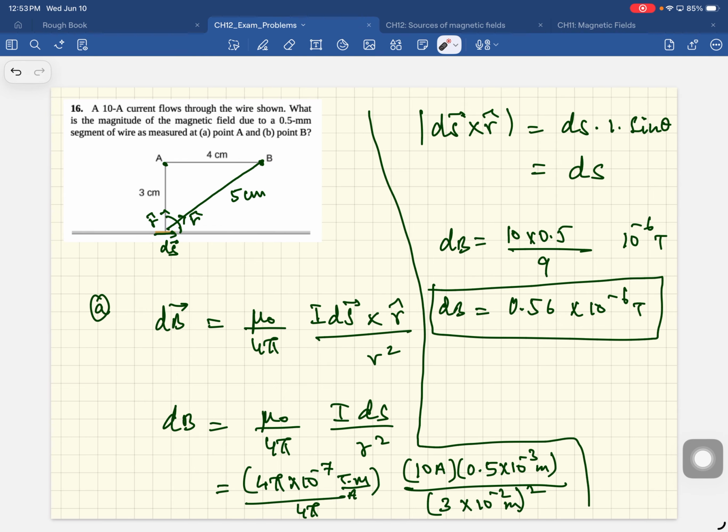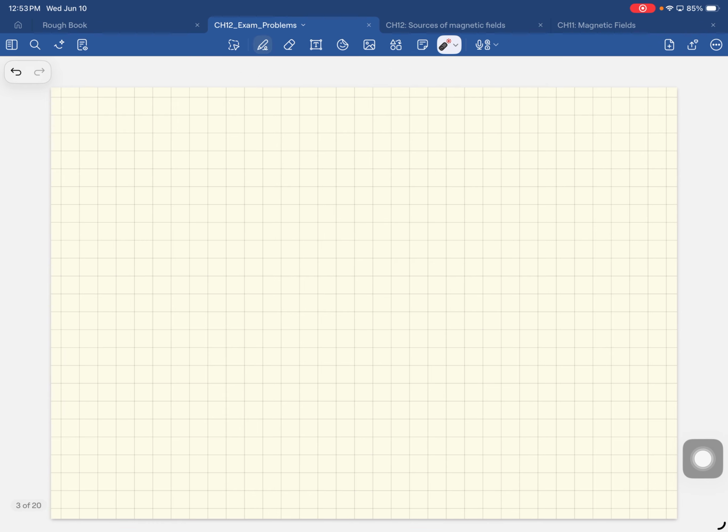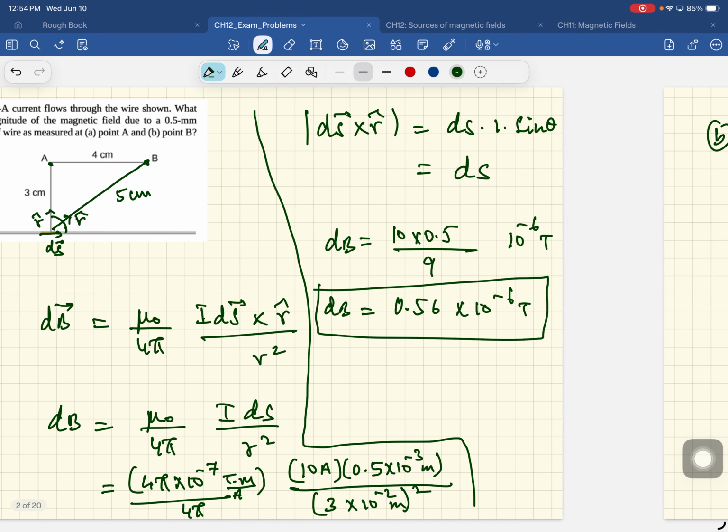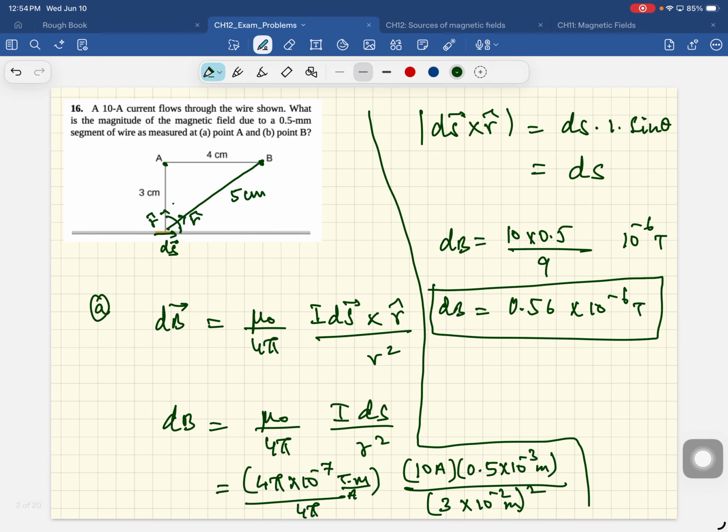All right, before we start to solve the next problem, this element of the current, what is the magnetic field it's producing over there? So this element of the current, what is the magnetic field it produces here? 0. Okay, so you're not producing any magnetic field along the line you're traveling, along the line in which the charges travel.